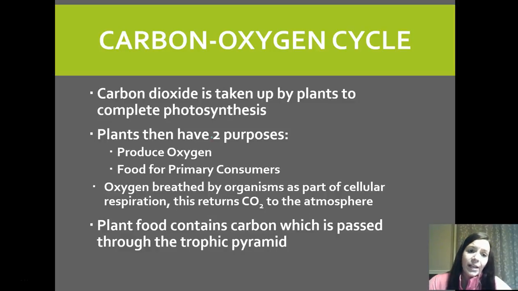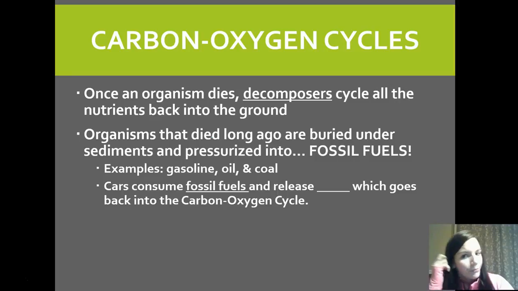So when plants take up carbon dioxide, this is how they complete photosynthesis. So they do it for two reasons in terms of the cycle, the oxygen, but it's also food for those primary consumers. So this is then returned to the atmosphere in the form of CO2 after those consumers breathe it or eat it. Plant food contains the carbon, though, which is passed through the trophic pyramid.